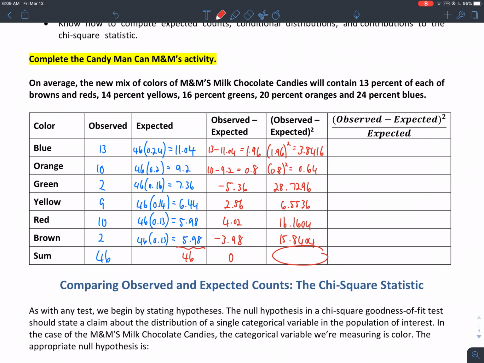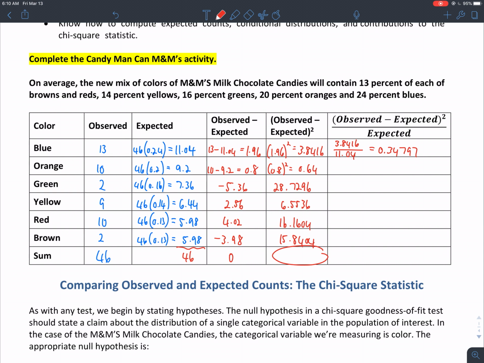So if we take this observed minus expected squared over expected. So what I'm doing now is I'm taking 3.8416 and I'm dividing it by what I expected, right, which is 11.04. All right. So what I'm getting is a number that's 0.34797. So that is a comparison of how far away my observed and expected were from each other, and then I compare it to what I expected to see in the first place.